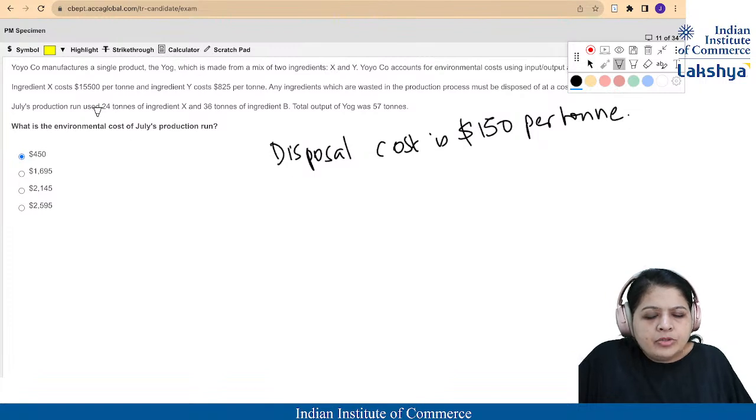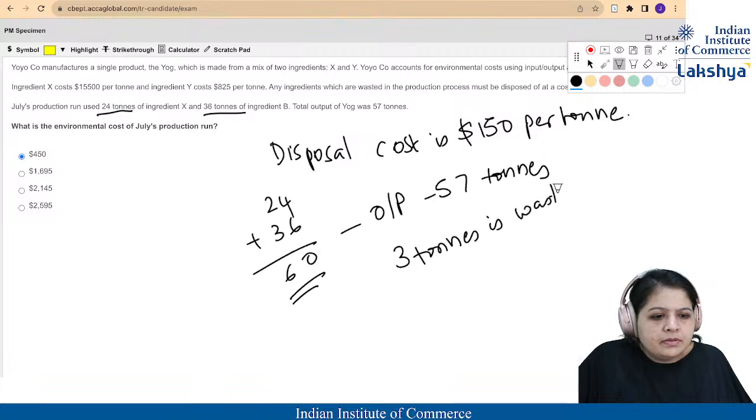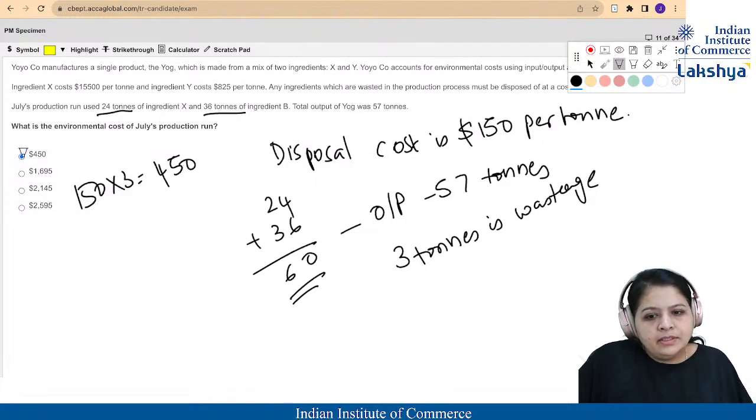Now, the company has used 24 tons of X and 36 tons of Y. So 24 plus 36, 60 tons, right? But the output is 57 tons. That means 3 tons is wastage. Disposal cost is 150. All you got to do is 150 into 3, giving you a value of $450, right? Which is your answer 1.